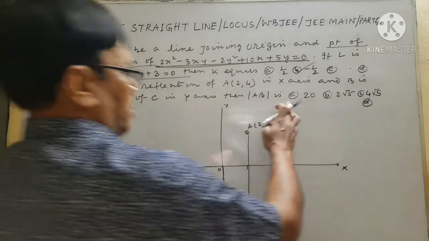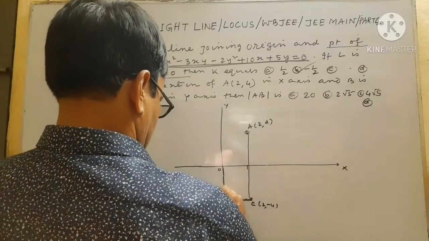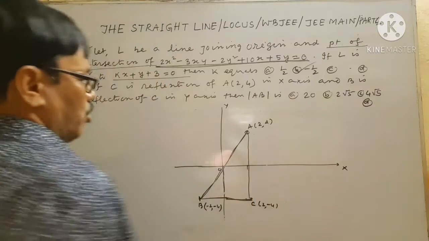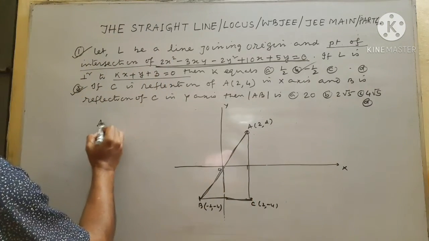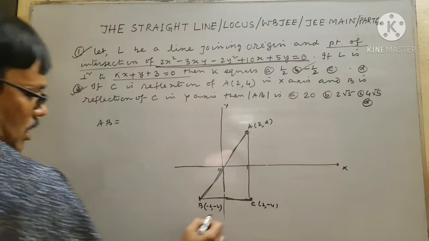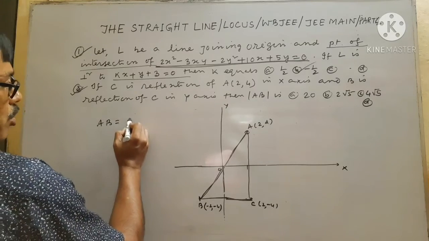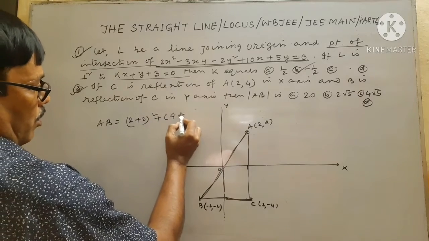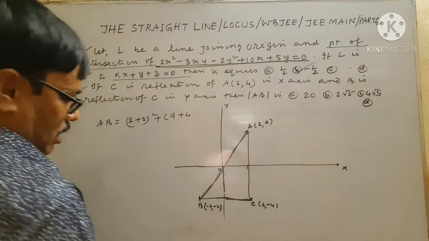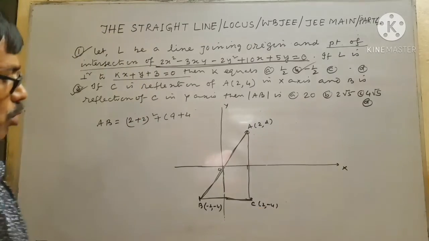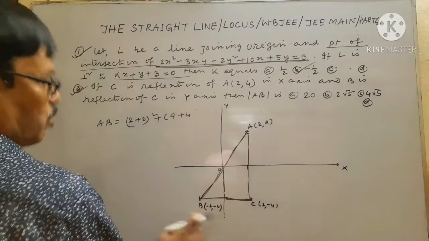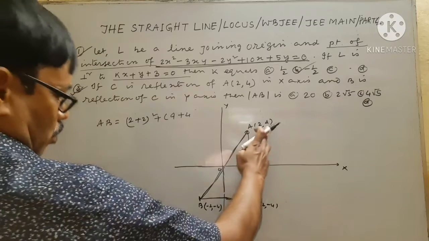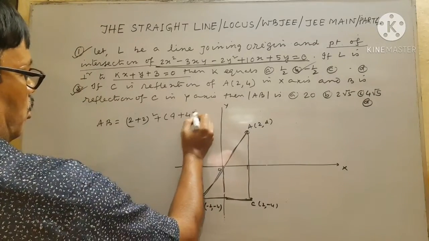Then what is AB? AB equals the distance between these 2 points. So square root of 2 plus 2 whole square and 4 plus 4 whole square.